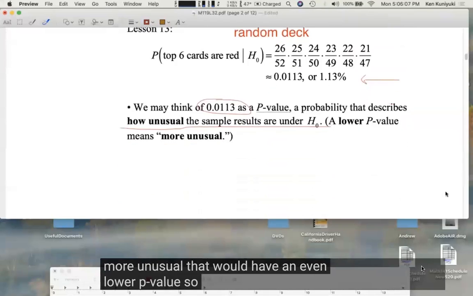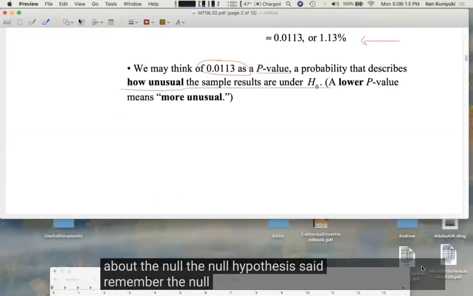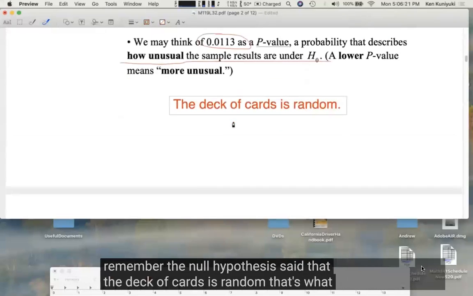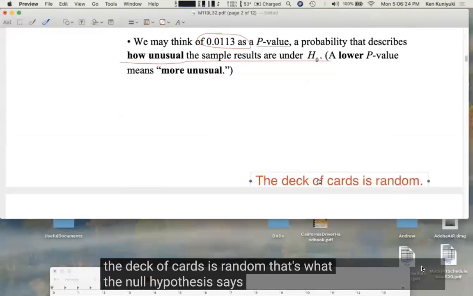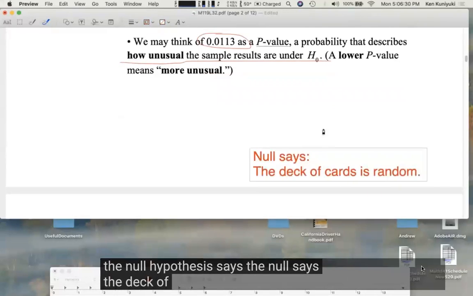So what do we decide to do about the null? The null hypothesis said, remember, that the deck of cards is random.